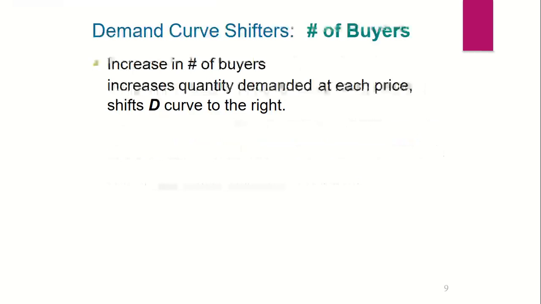Now coming towards the first demand curve shifter, that is number of buyers. An increase in the number of buyers increases quantity demanded at each price, so it shifts the demand curve to the right. Whenever the number of buyers increases in the market, the quantity demanded increases, and the demand curve shifts outward.